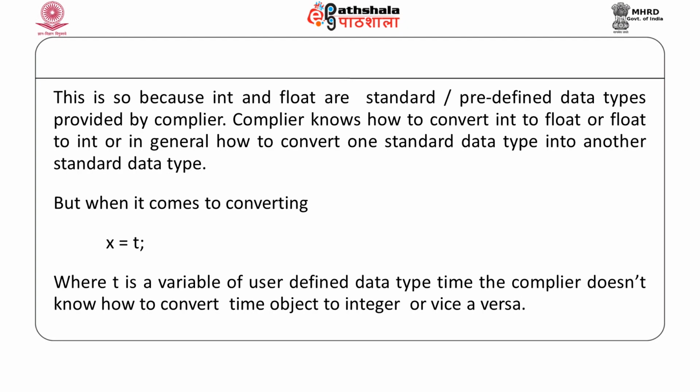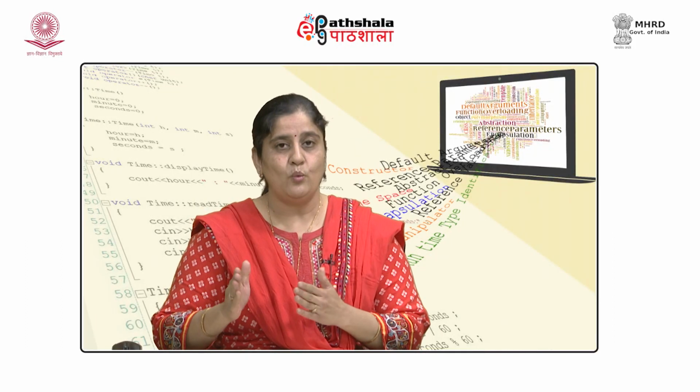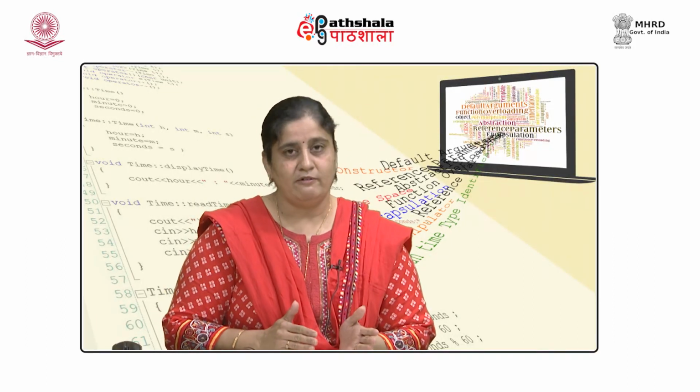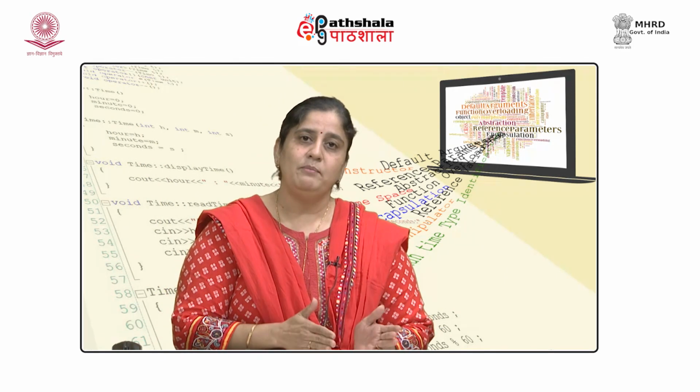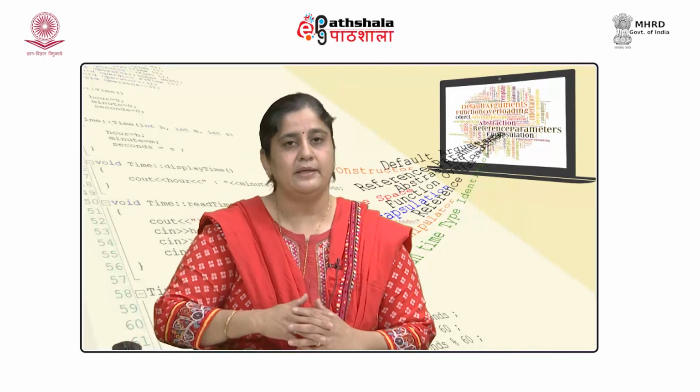This is so because int and float are standard or built in or predefined data types provided by the compiler, and the compiler knows how to convert int to float or float to int, or in general it knows how to convert one standard data type or built in data type into another. We can understand that the compiler will be able to perform the implicit conversion only when it knows how one kind of value can be converted to another kind of value, and since they are built-in data types, the compiler knows how one built-in data type is to be converted to another built-in data type.